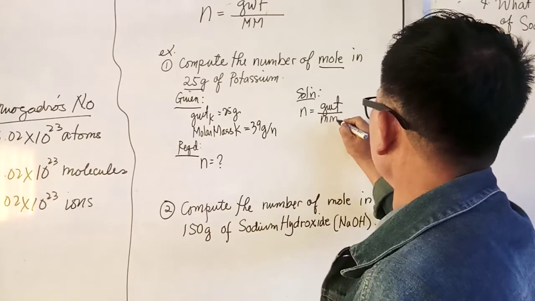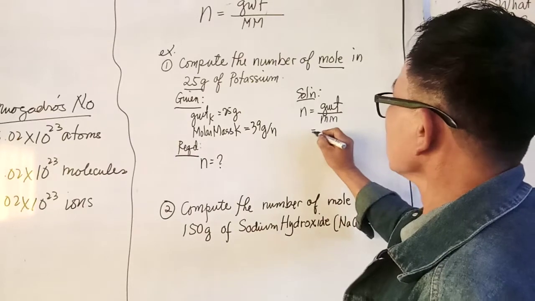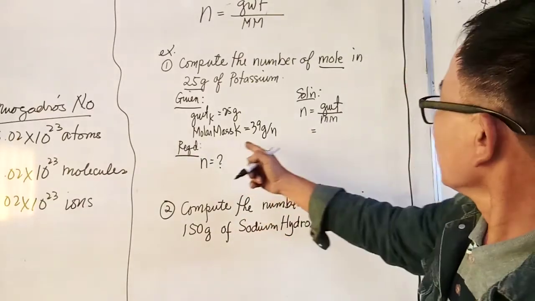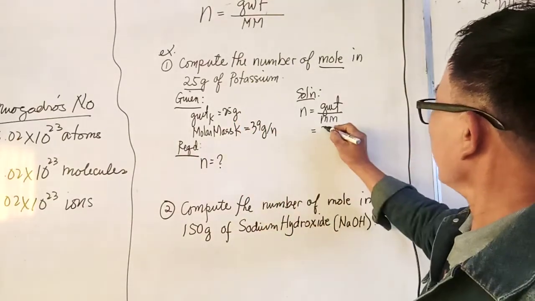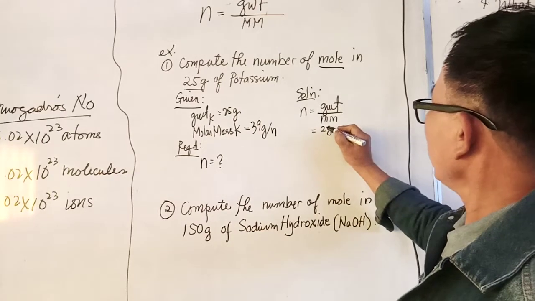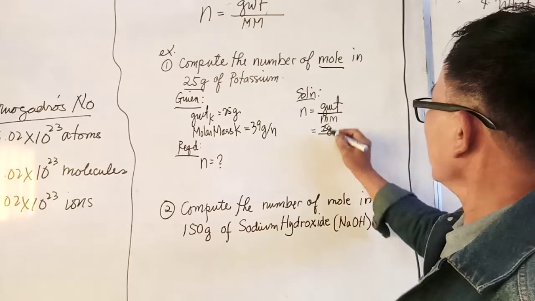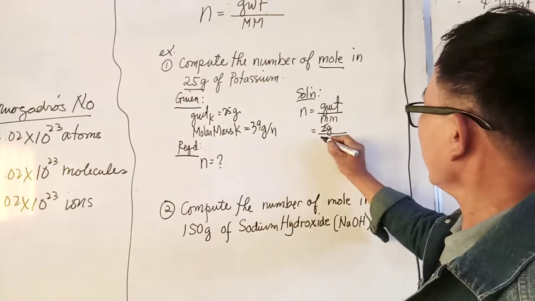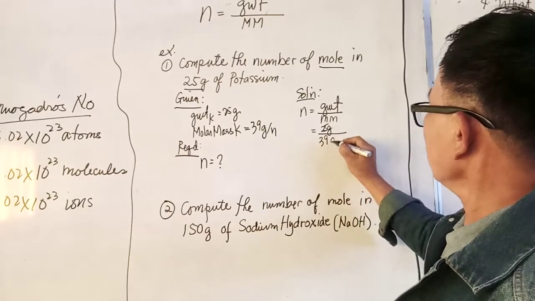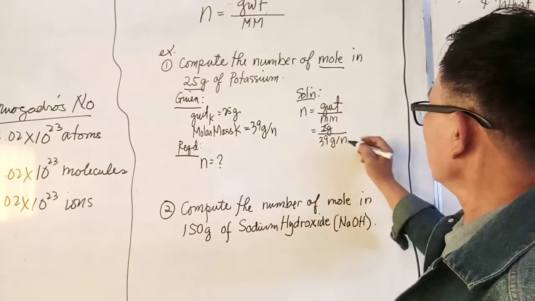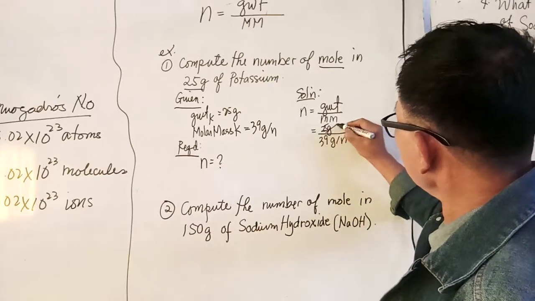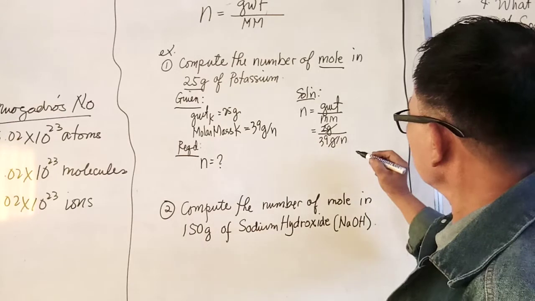Now you can substitute the given. For the given weight, you have 25 grams, and we divide that by the molar mass, which is 39 grams per mole. We cancel the unit gram and the unit gram here.